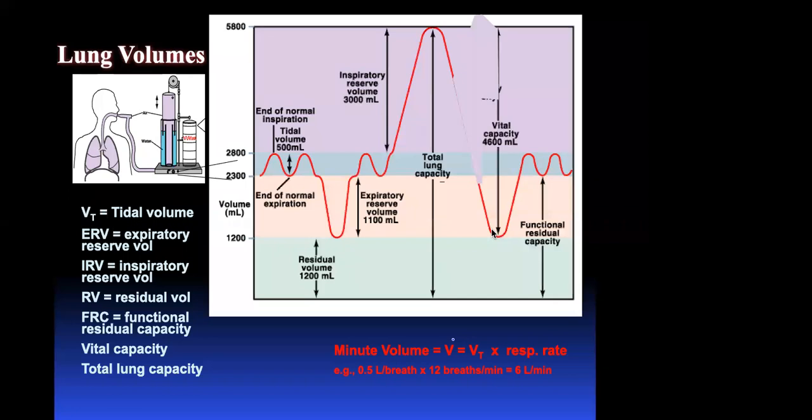No matter what you do, you cannot remove a certain volume of air from your lungs, and that cannot be measured directly. We will see later on how these are measured, but that's called the residual volume of the lungs. That residual volume is about 1.2 liters.